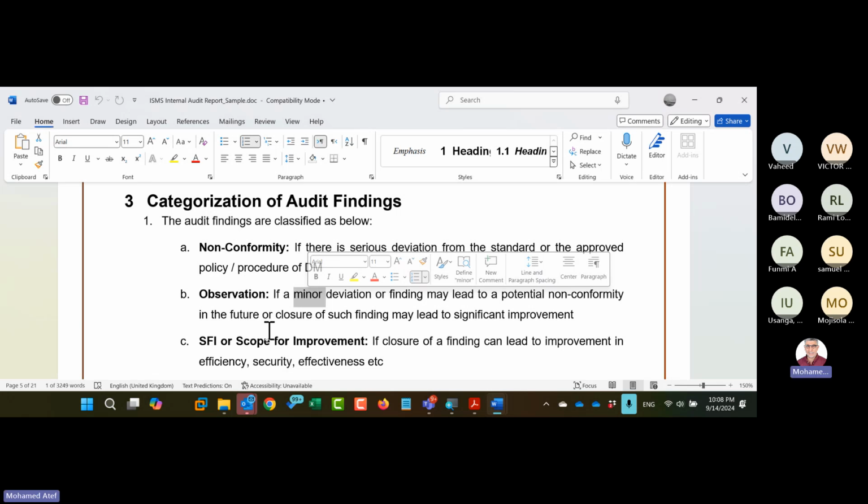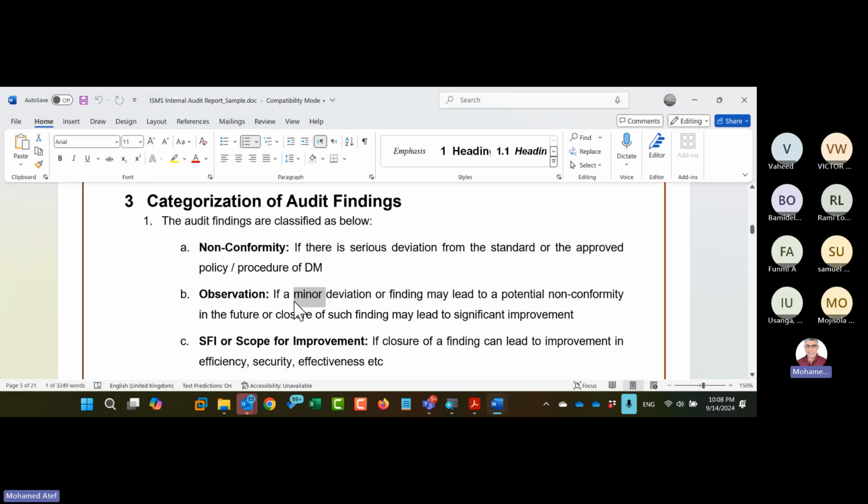Or you do have an asset register, but some field is not completed. For example, you don't have an owner or a custodian. It's an observation. Some auditors may consider it a non-conformity, but it's an observation; some will consider it a minor problem.